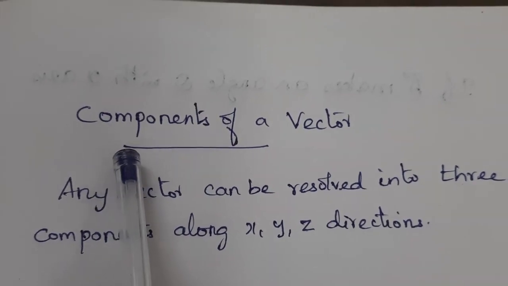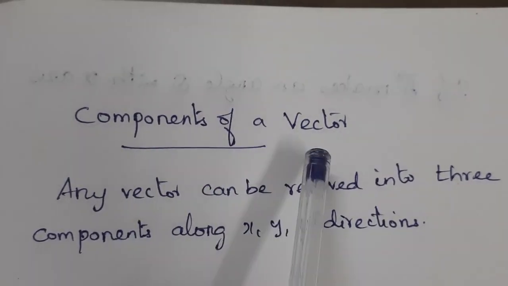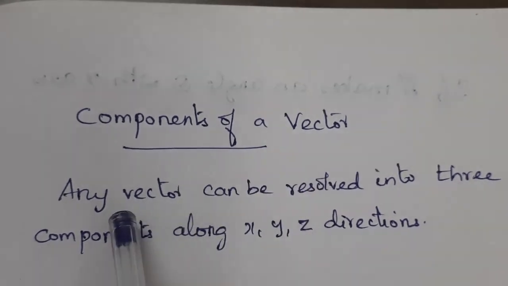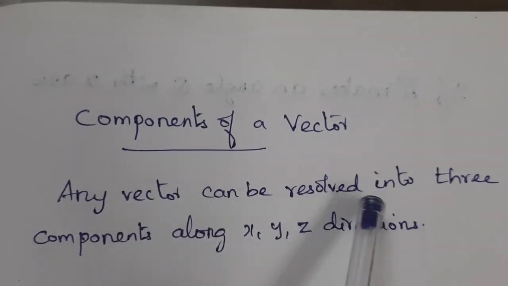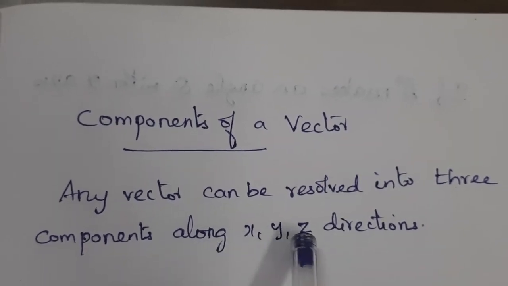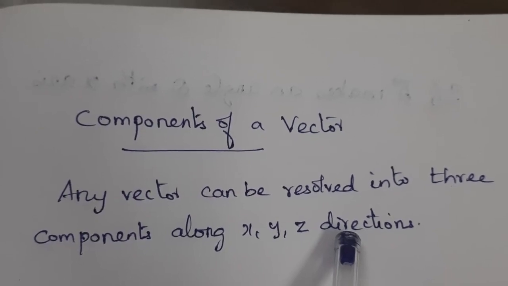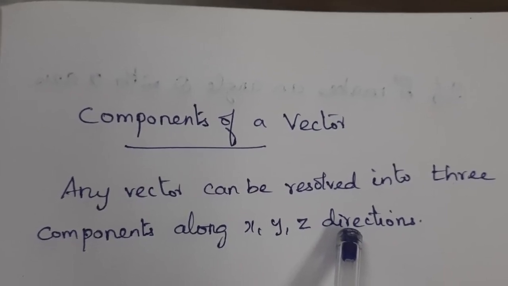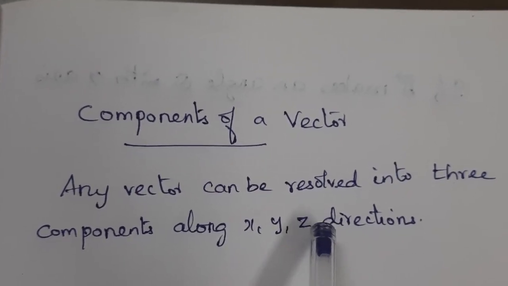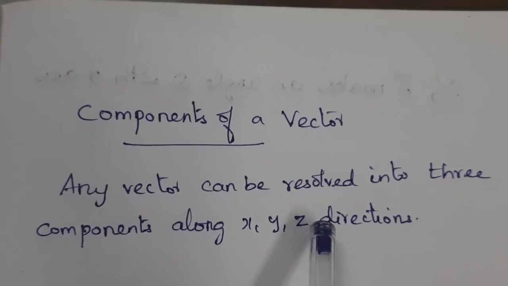Today I am going to teach components of a vector. Any vector can be resolved into three components along x, y, z directions. That is, in the Cartesian coordinate system, a particular vector can be resolved into three components along x, y, z directions.